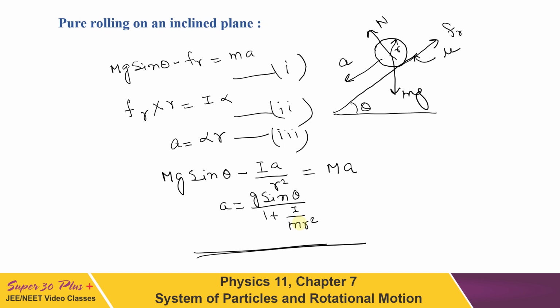You must just be able to write the basic equations. The first is always F is equal to ma, the second is torque equal to I alpha, and the third is the condition that comes from rolling without slipping. If you understand these 3 points, you can solve any kind of question related to this topic.